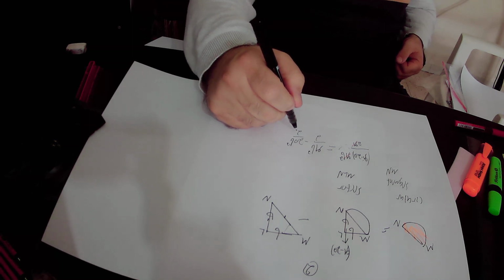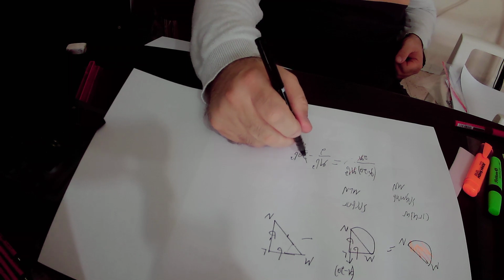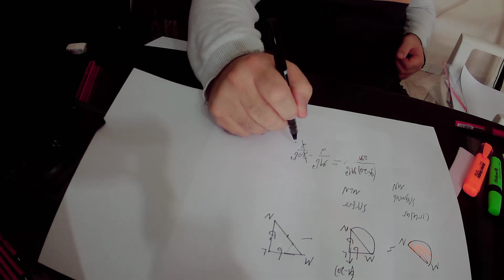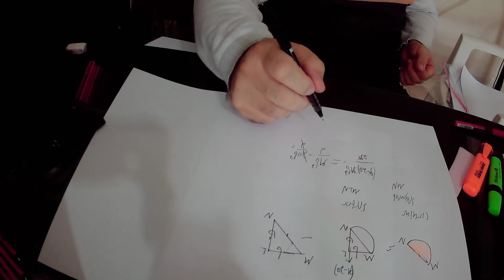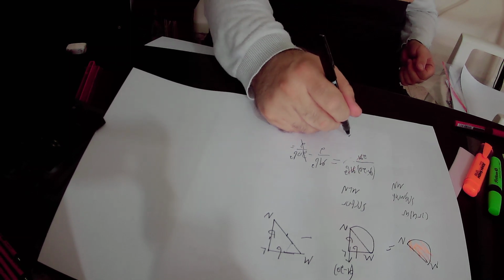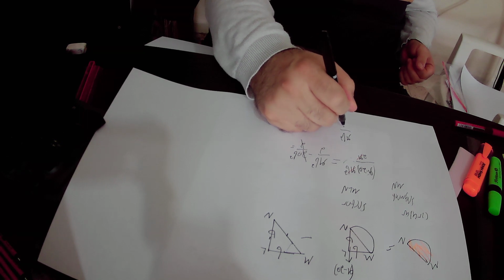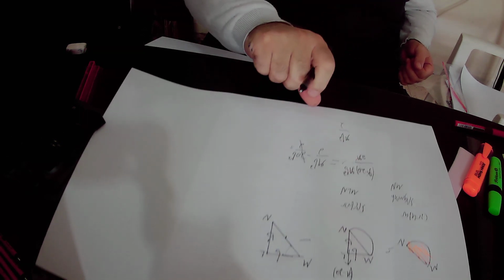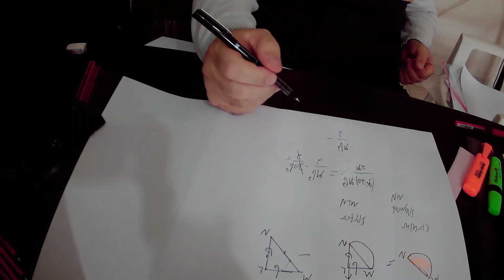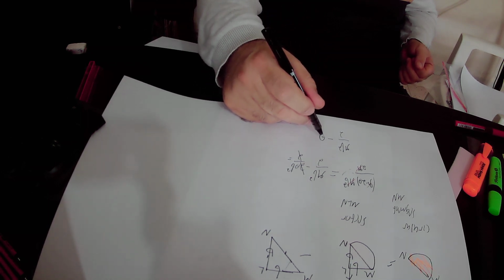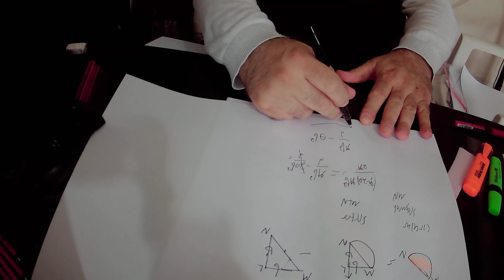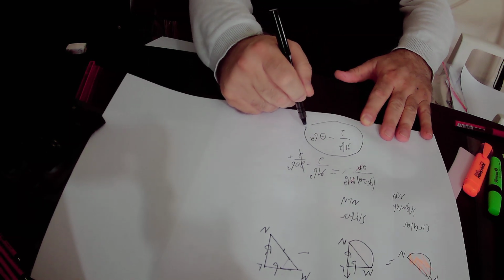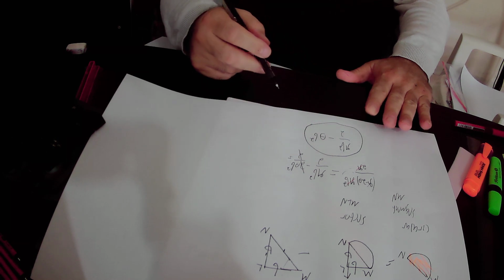Here we have 2 in the numerator and 2 in the denominator, so 2 will get cancelled. And so the area of sector MLN is equal, in total, to pi b squared over 2 minus theta times b squared. That is the area of sector MLN.